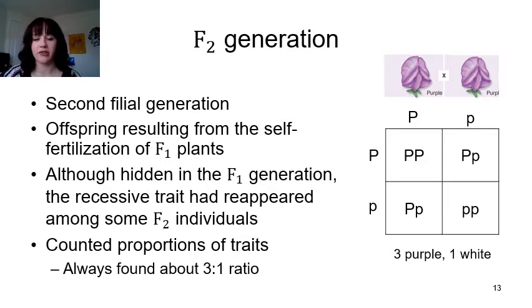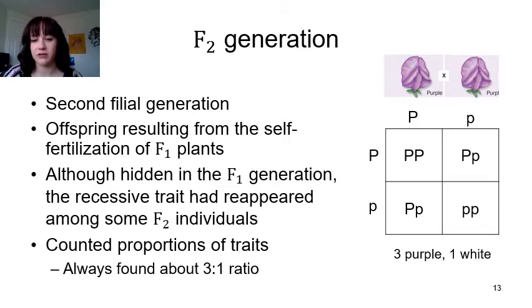So on the right you can see we've got the results of the first mating. We had all heterozygous plants. And so allowing them to inbreed, we're taking two heterozygous purple flowers and crossing them.